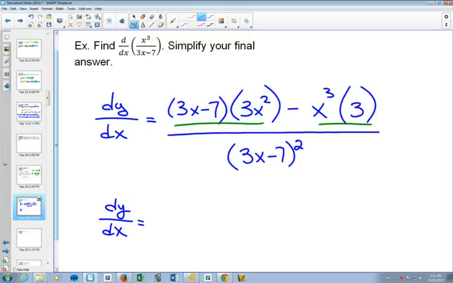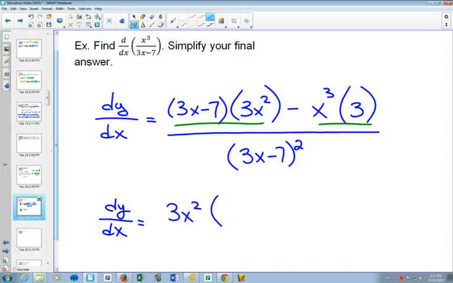Is there something that I could factor out? Can you see that both of them have a 3x squared? So to start with, I'm going to factor out that 3x squared.